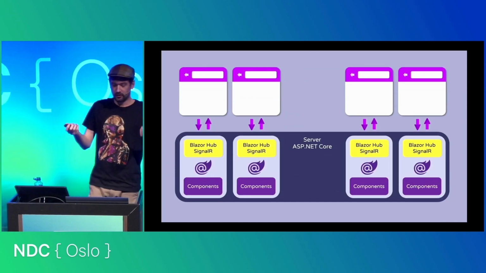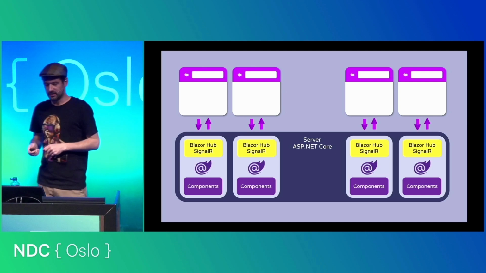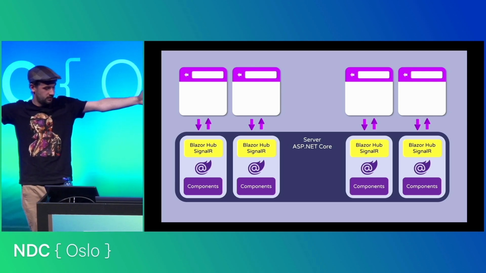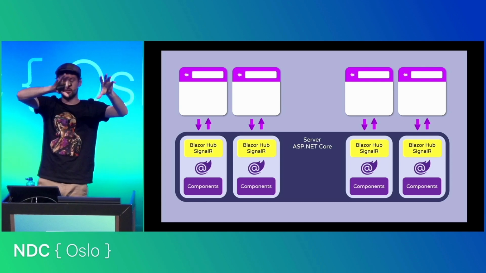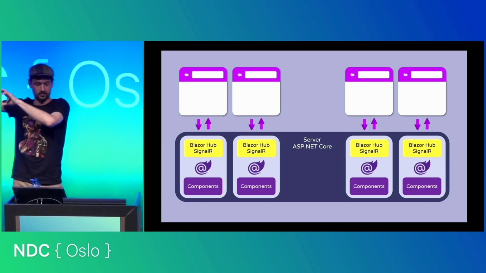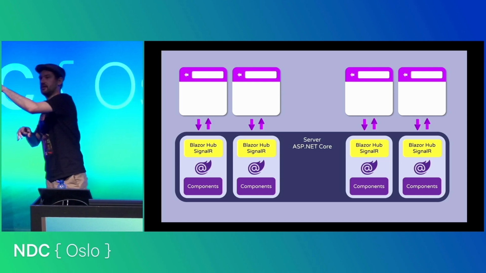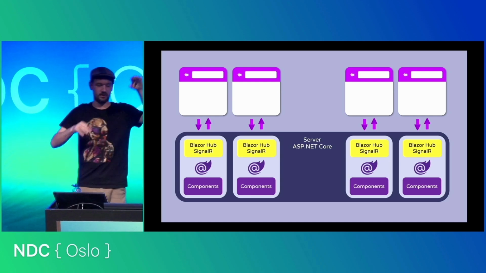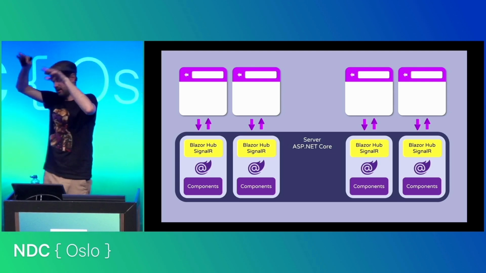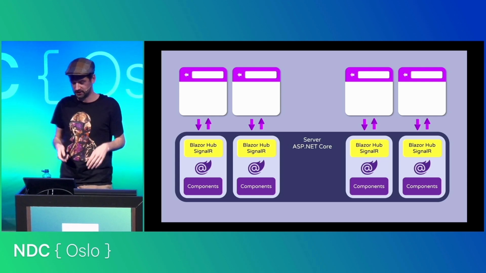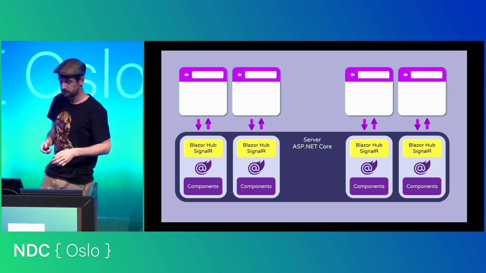If we run a Blazor server interactive application, we have this server, and then every session, tab, or browser is a separate instance within our server. They are all connected with the circuit, and there's a real-time connection to that.